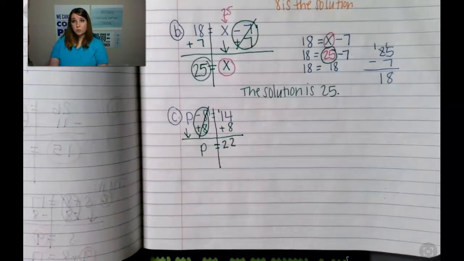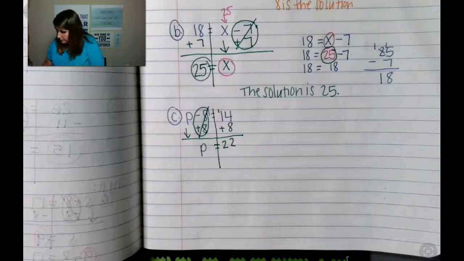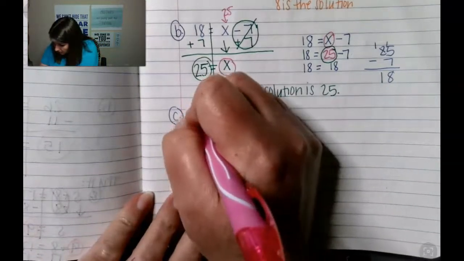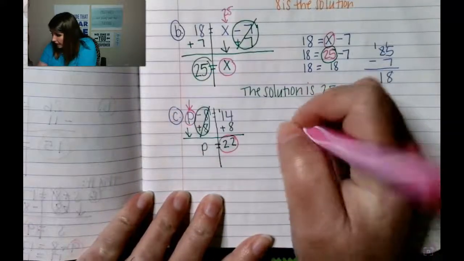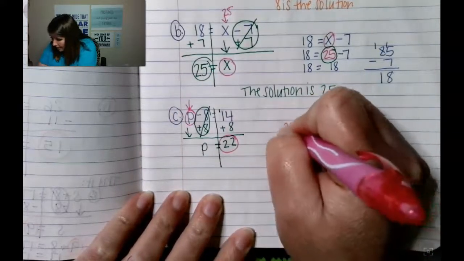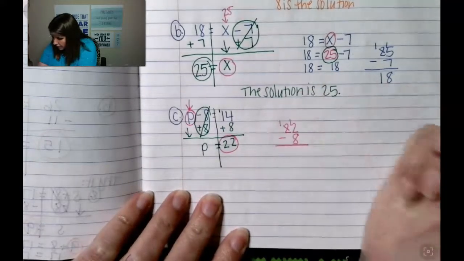P equals 22. So now let's go ahead and double check this just to make sure that we did get the right answer. Okay, so now I'm going to take my P right here for 22, and I'm going to put it right in there. Okay, so it should say 22 minus 8. It says 12, that's a 1.